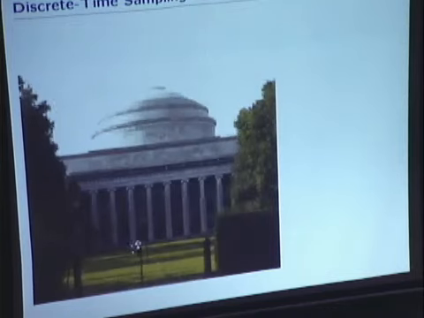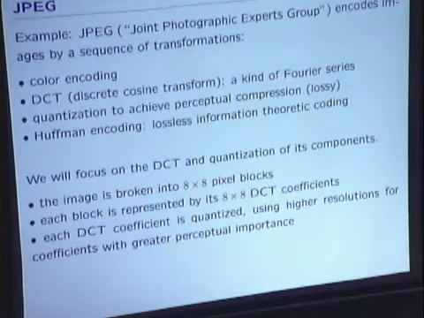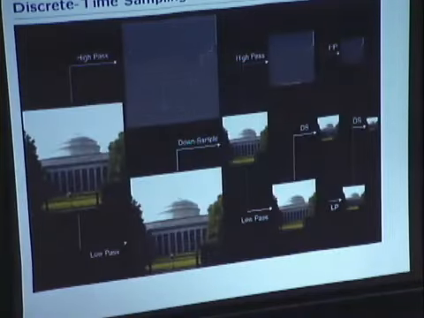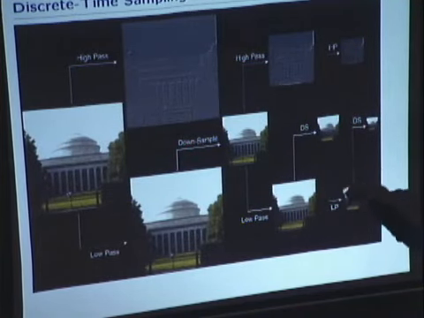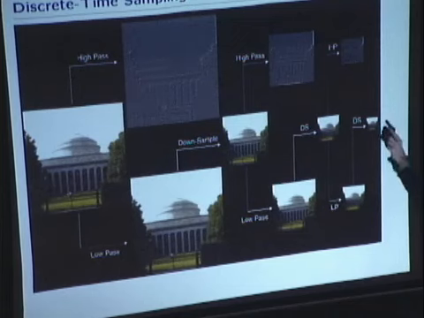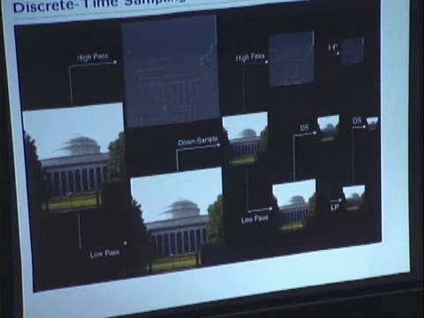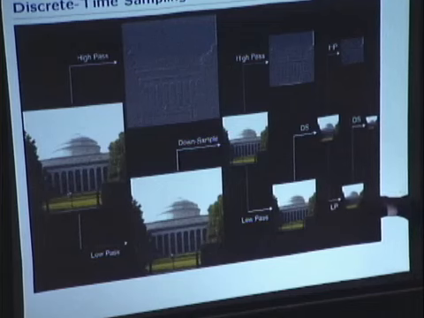So the final scheme then is that I low pass filter, downsample, low pass, downsample, low pass, downsample. Then I can upsample by putting zeros between all the rows and columns. Then low pass filter, and that gives me this picture.